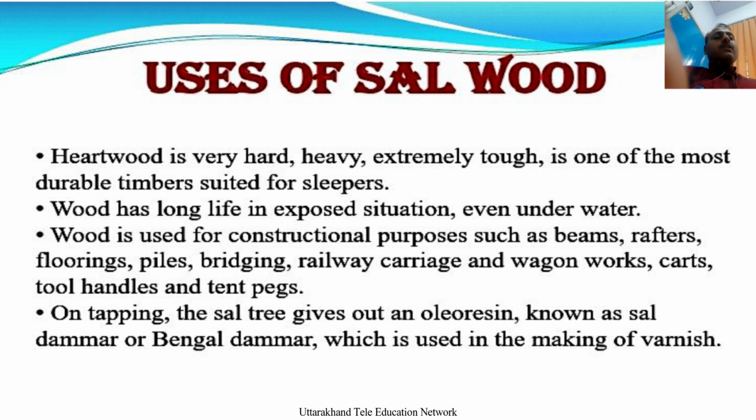So this is an important property of sal wood. Wood is used for constructional purposes such as beams, rafters, floorings, piles, bridging, railway carriage and wagon works, carts, tool handles, and tent pegs. One of the important unique properties of sal wood is that on tapping the sal tree, it gives out an oleoresin.